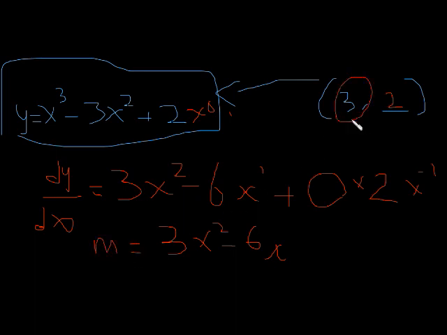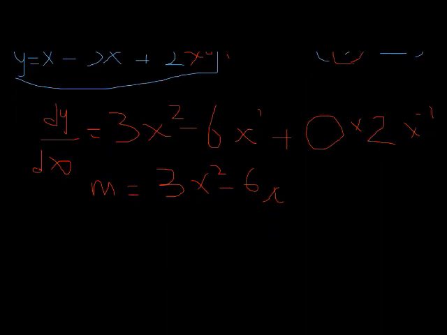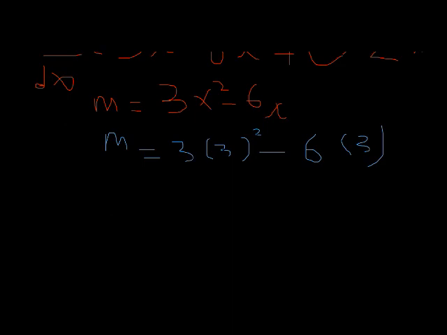Now let's put in the x to find the gradient. x is 3, so the gradient should be 3 times 3 squared minus 6 times 3. Therefore the gradient is equal to 27 minus 18, which is equal to 9. So the gradient is 9.